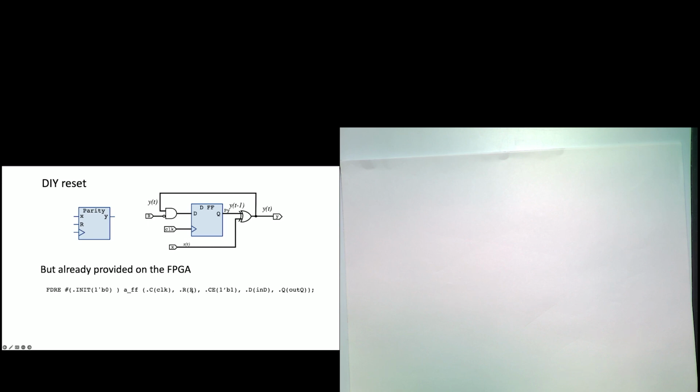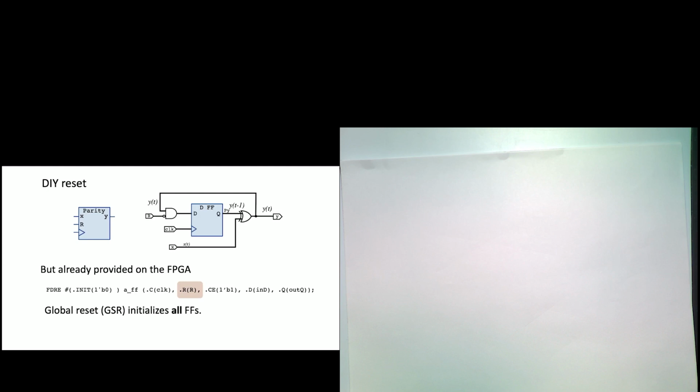If you do want to use the reset as part of your design, you can. You can feed a signal to here. But if you only want it to reset when you download, you don't need to do anything. All the flip-flops will be reset to 0 for you. If you want to reset the whole design, you can use a global reset. This is a built-in signal on the FPGA that zaps all the flip-flops, forces them to 0.